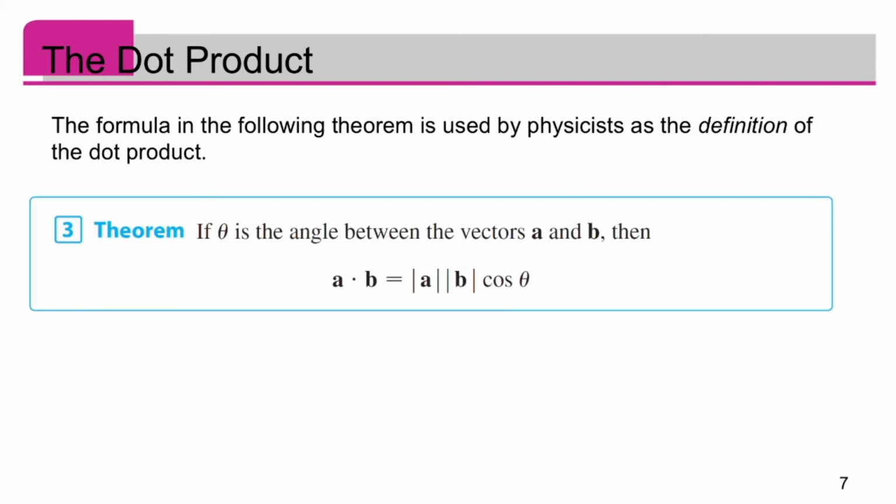Here it is in all of its glory, although they left off the parentheses. We can use this to compute angles and to find other properties between vectors. I'm going to pause the video here so that we can start a new video, just so that we have a point of reference.